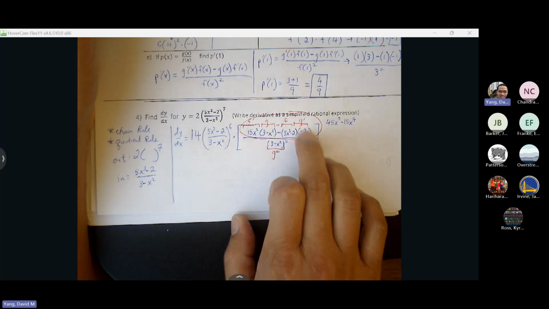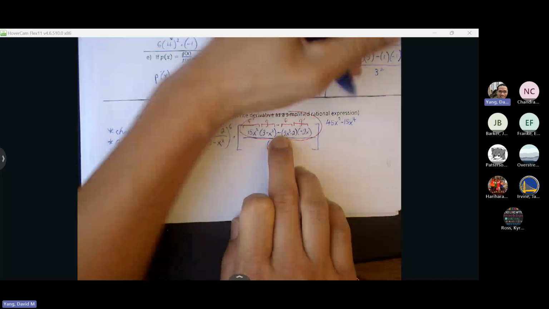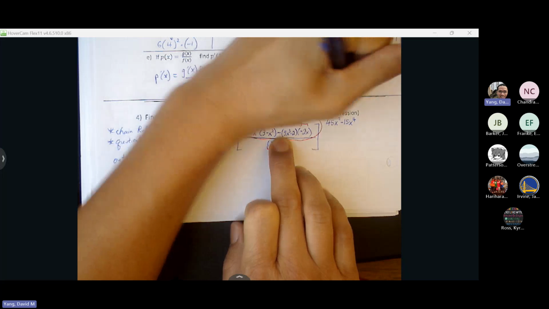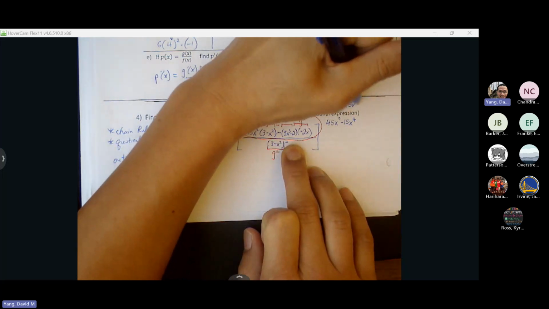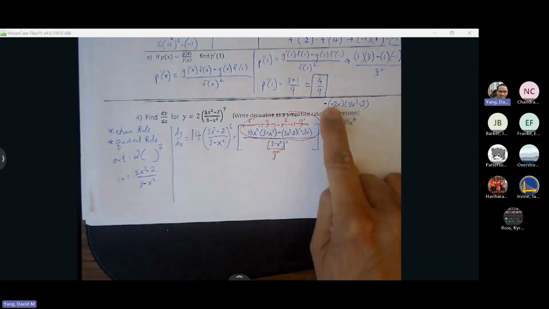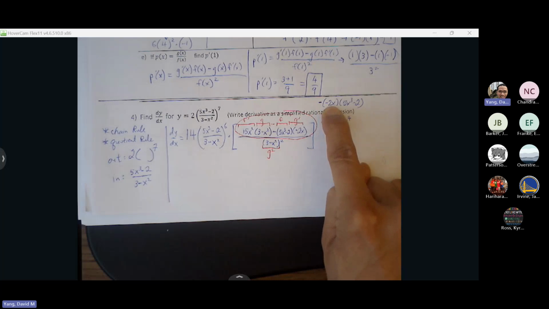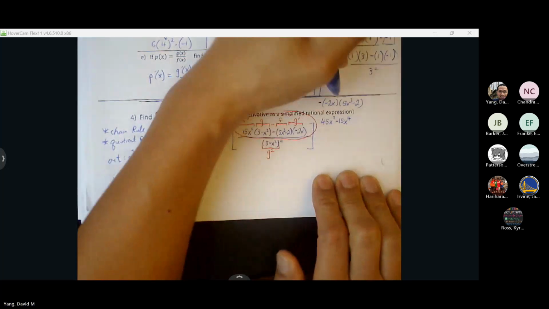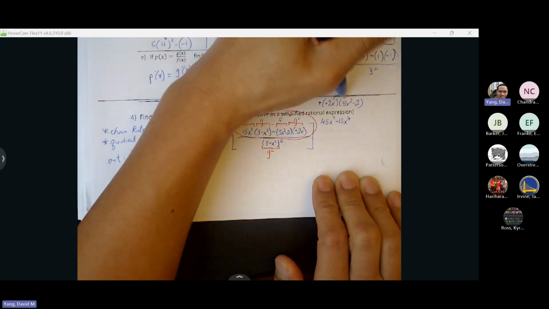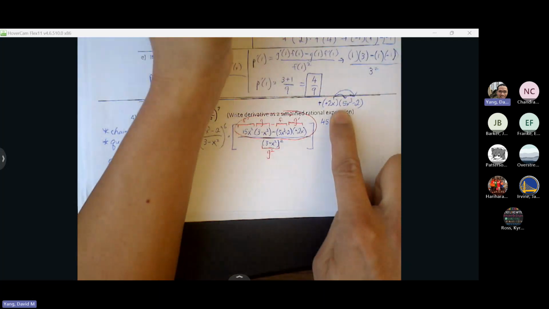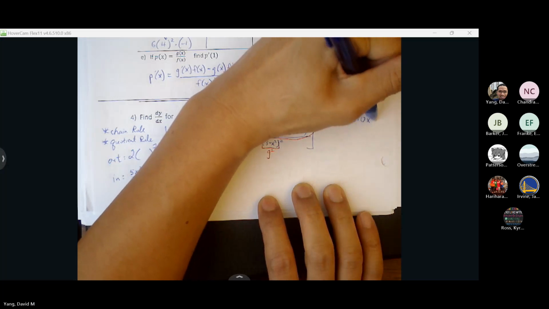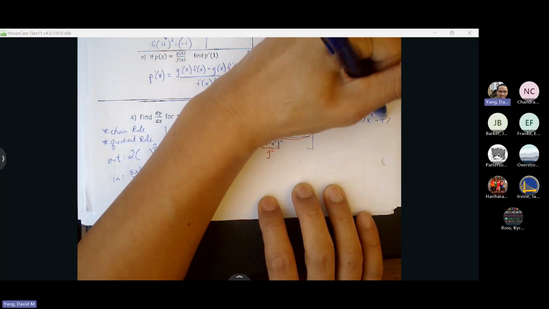Now, if I pull the negative 2x in front of this negative, then it's really a minus negative 2x parentheses 5x cubed minus 2. And really, the two negatives becomes positive. So I'm really just distributing a positive 2x through the 5x cubed minus 2. So plus 10x to the 4th minus 4x.